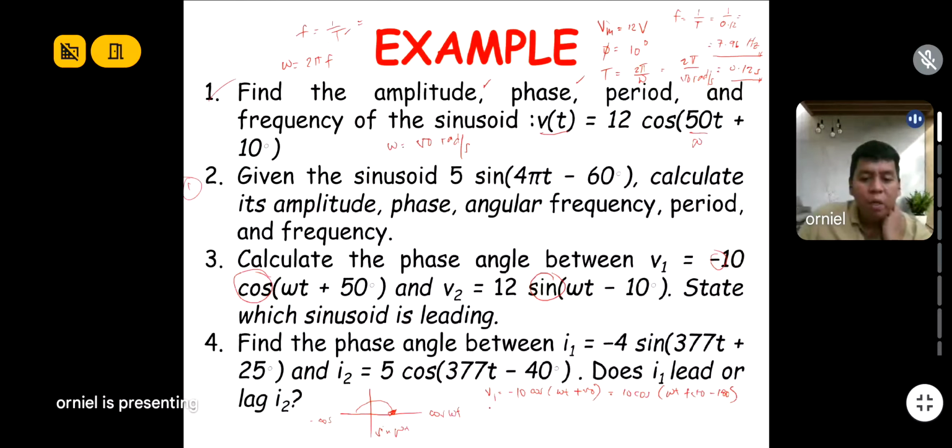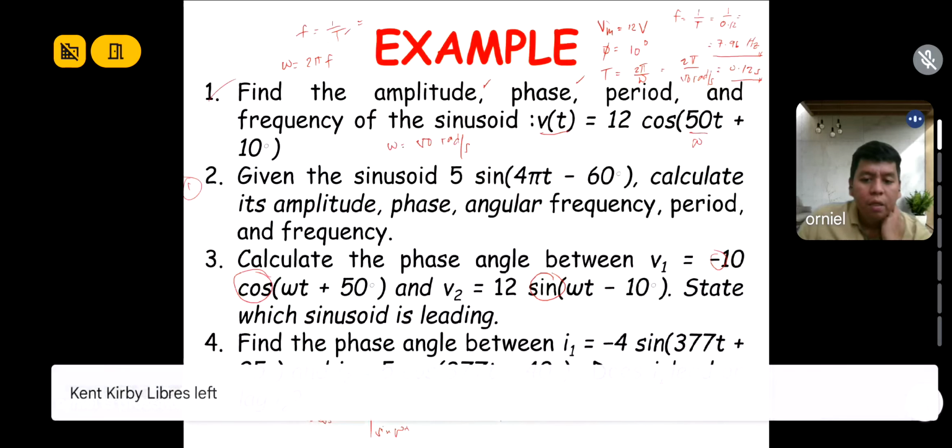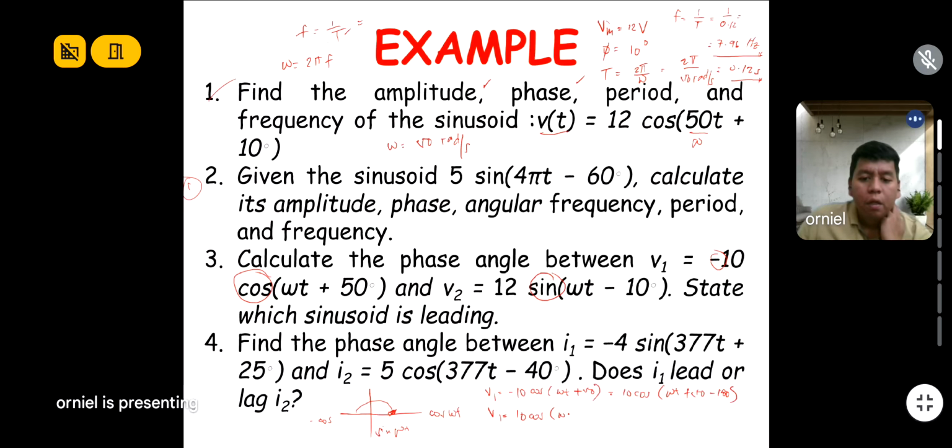So V1 will be equal to 10 cosine omega t, omega t minus 230 degrees.